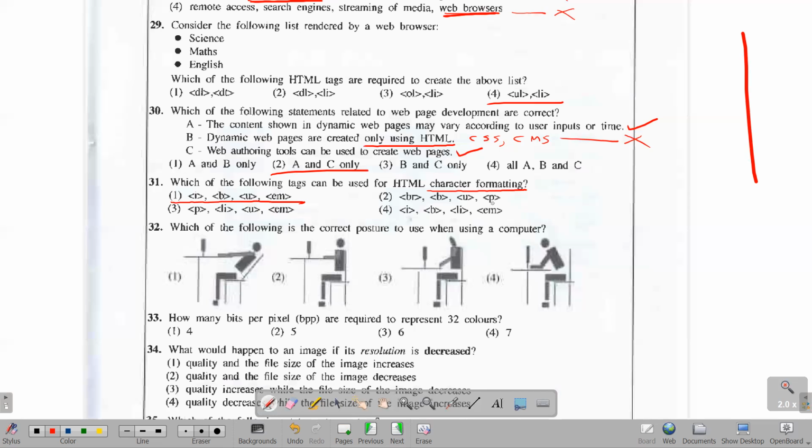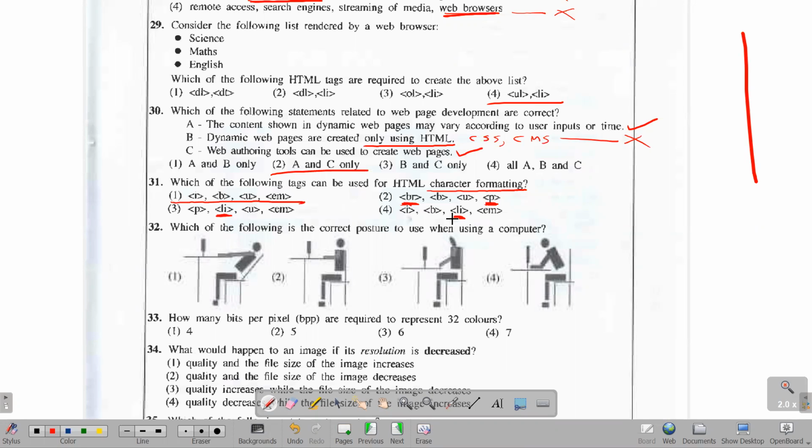Here we have BR as well as P, not for the characters. BR is for creating a line break. P is to format something as a paragraph. LI is for the list, and here we got LI as well, it is for the list. So the first one is going to be the answer.